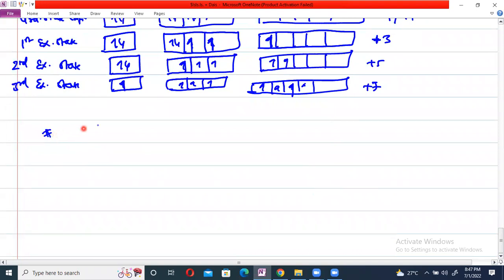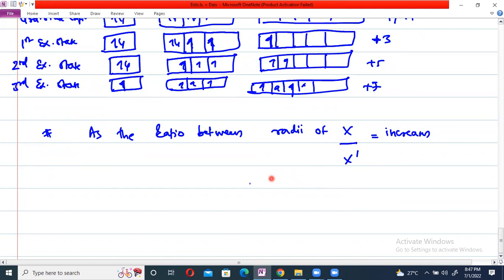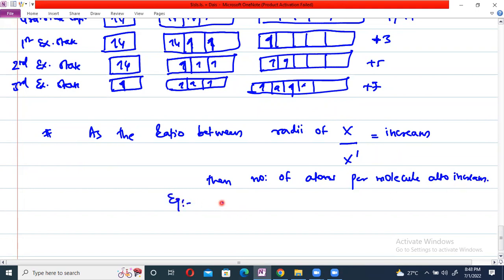It is a point that was given in our book: as the ratio between radii of larger size to smaller size increases, then the number of atoms per molecule also increases.